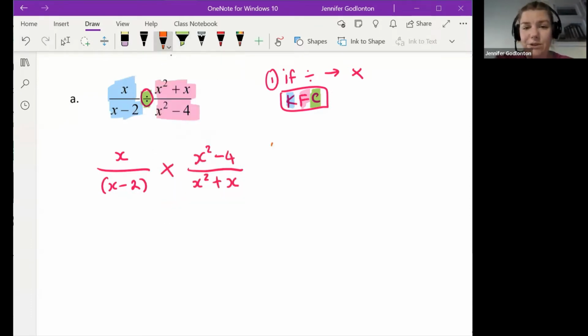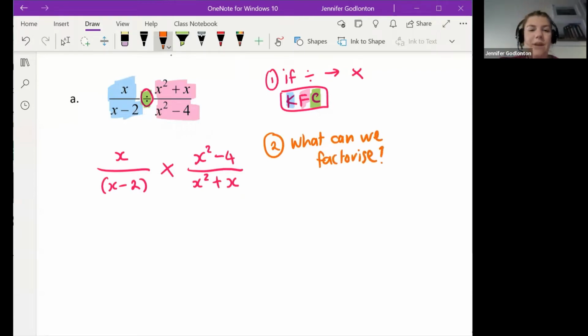The second thing we want to do is ask, what can we factorize? Let's look at this step by step. x, there's nothing for me to factorize. x minus 2, there's also nothing to factorize. It's as simplified as it can be.